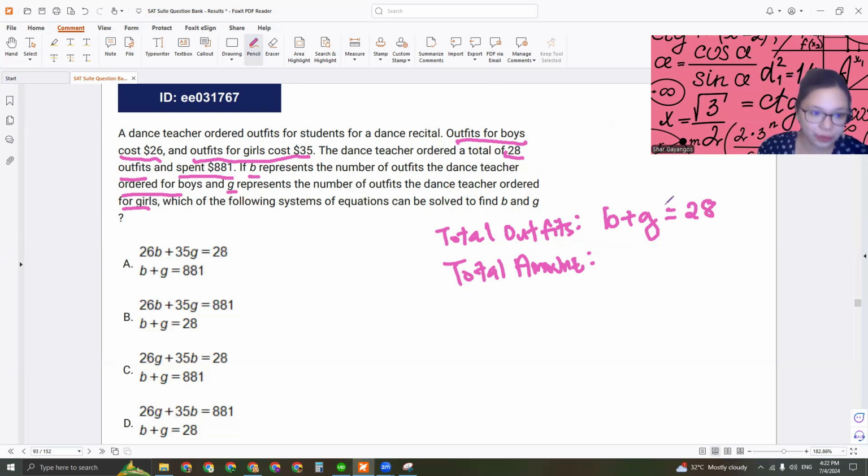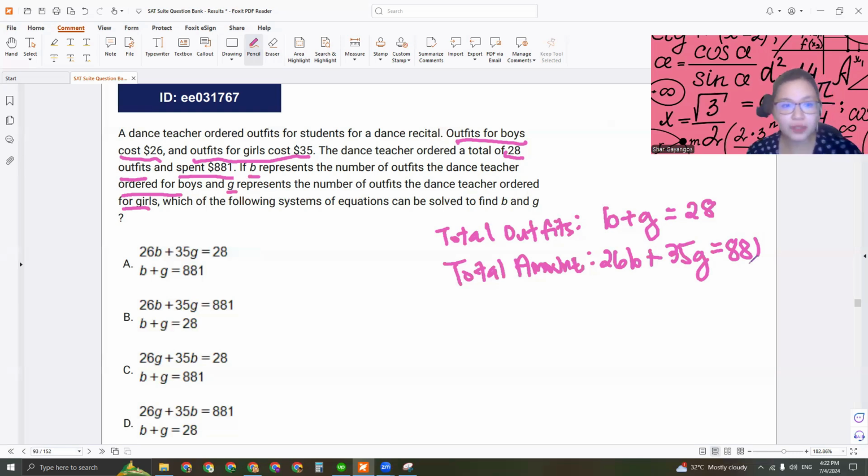And then for the total amount, multiply each variable by the corresponding amount per outfit. So for boys, that's 26B. And for girls, that will be 35G, with the total amount being 881. So at this point, all you have to do is inspect and see which equation matches that. Sometimes the choices will switch around the terms, so be careful.